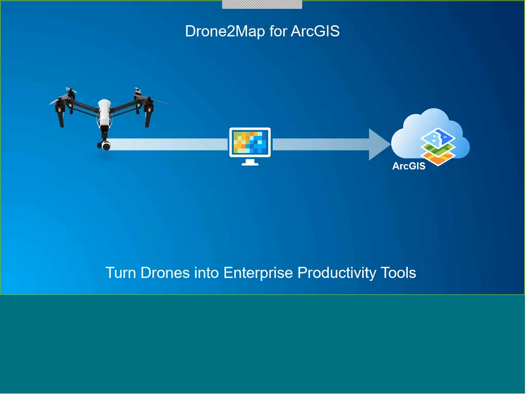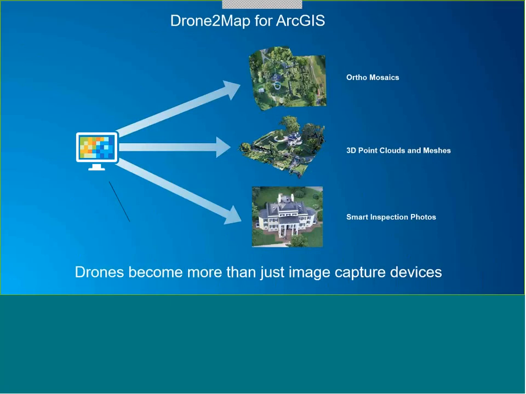The last app which I would like to discuss is the Drone to Map app, which is available from ArcGIS. In Drone to Map, you can work with data which is being collected from the field using drone devices. You can collect that data in the form of point clouds, or you can take orthomosaic images, or there can be images which are being clicked by the drone.